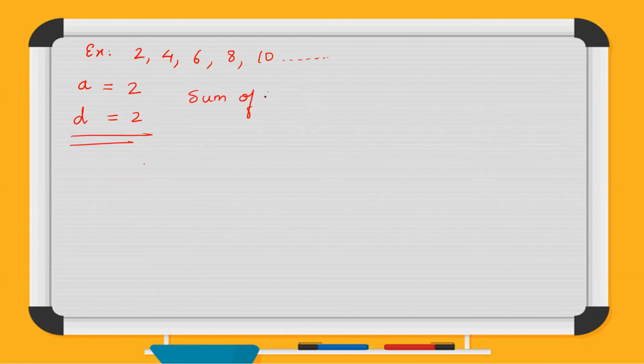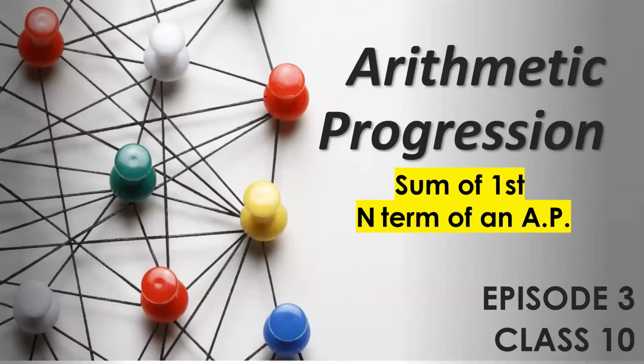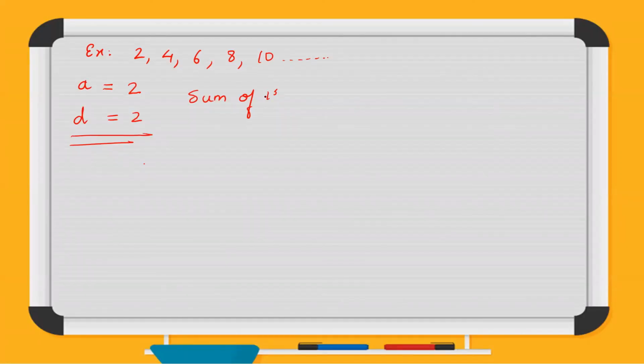So the example I was telling you: 2, 4, 6, 8, 10, and so on. This is an AP. Here your first term is equal to 2, and the common difference is also equal to 2. I need to find the sum of first 50 terms of this AP.